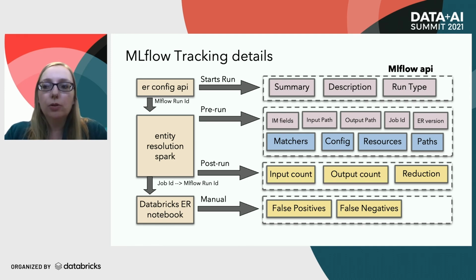So from the ER config API, we're sending the MLflow run ID to the entity resolution Spark app. And in the Databricks notebooks, we use the job ID to convert it to the MLflow run ID, and that's what we use to add to the same record for each run.